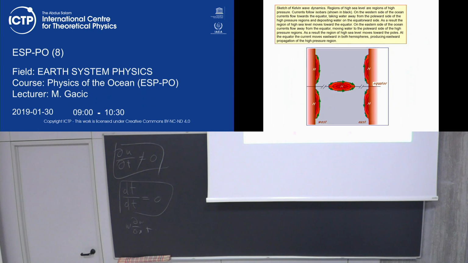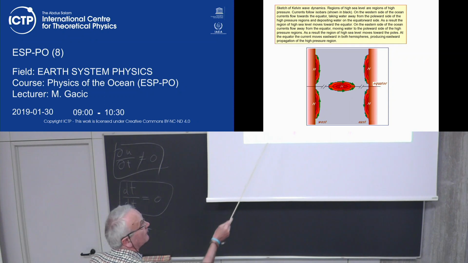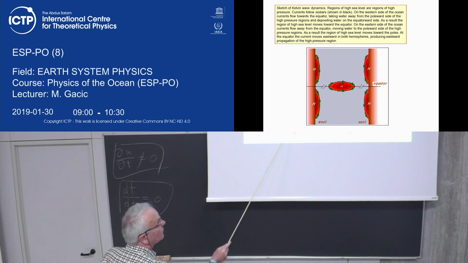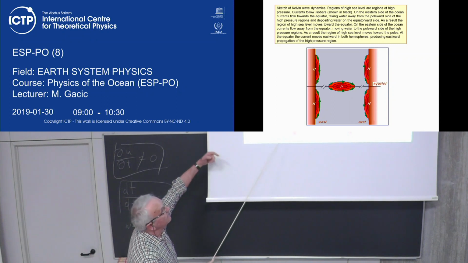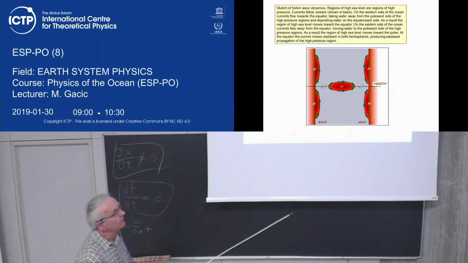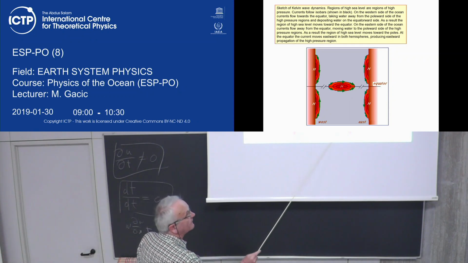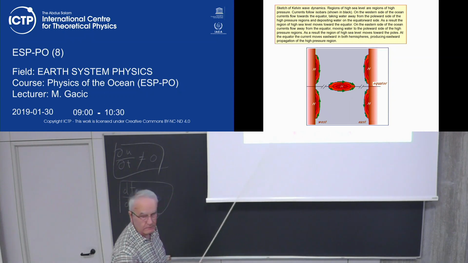For example, the equatorial Rossby waves and equatorial Kelvin waves, which are explained very qualitatively in this way: you have the coastal Kelvin waves, which then interfere and meet at the equator, and then progress toward the eastern part of the ocean, and then again separate, one going southward, the other one going northward.